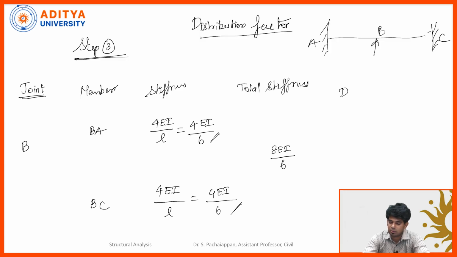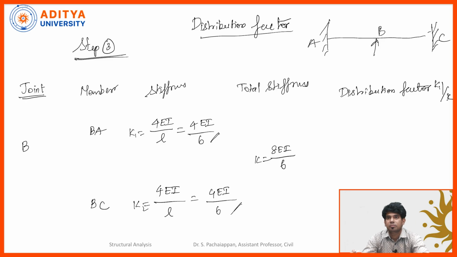Now we are going to calculate the distribution factor. So what is the distribution factor? K1 by K. So this is the K1, this is the K2 and this is the value of K. Now K1 by K I am substituting.